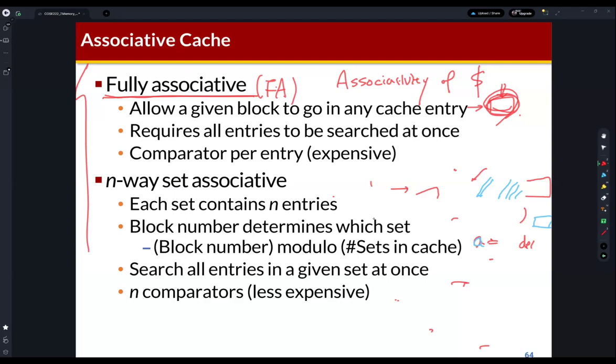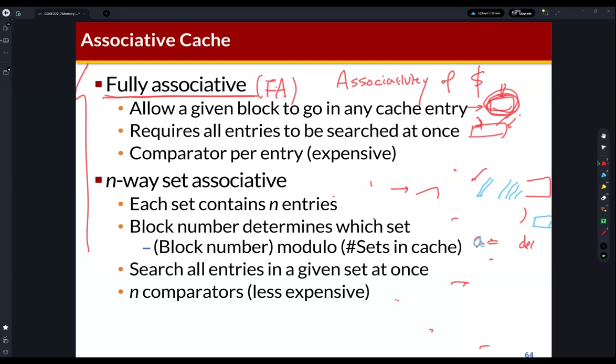So when a cache block is requested and this request misses in the cache, the block can be allocated in any entry in the cache.